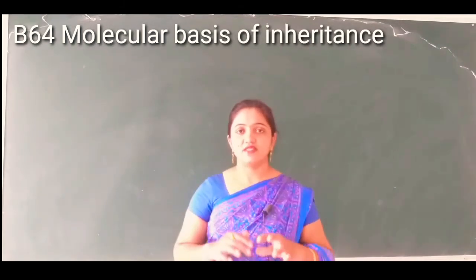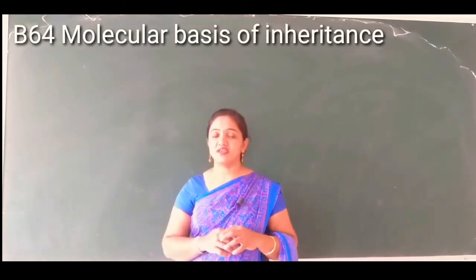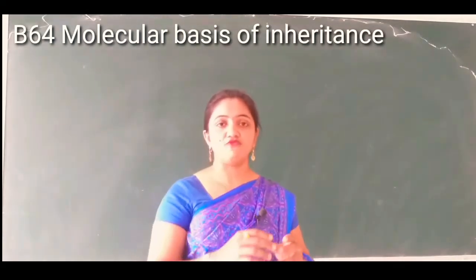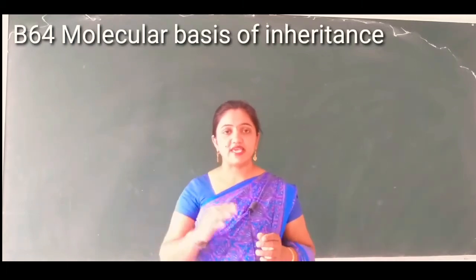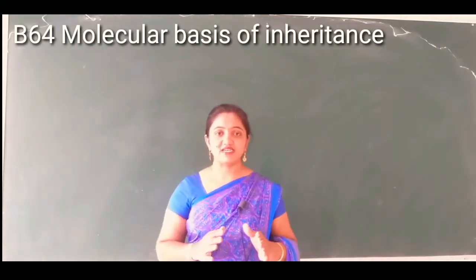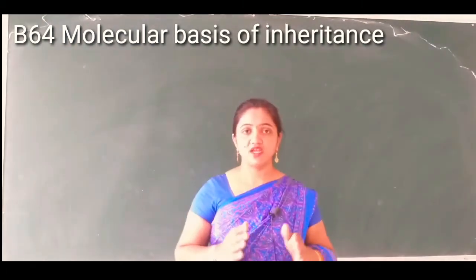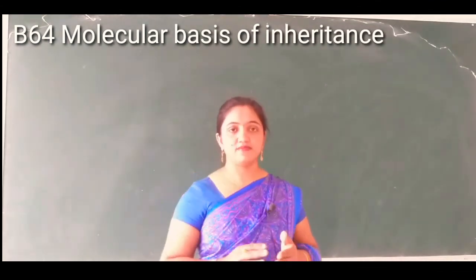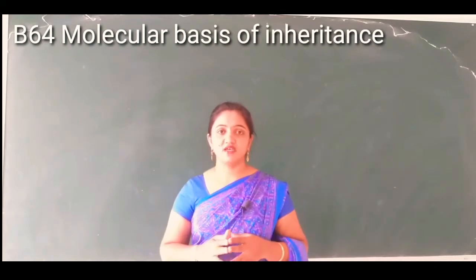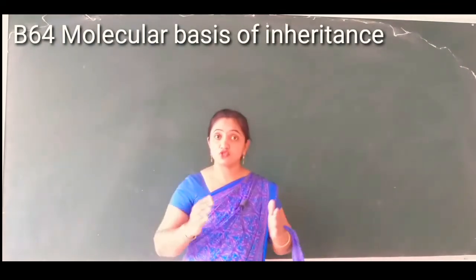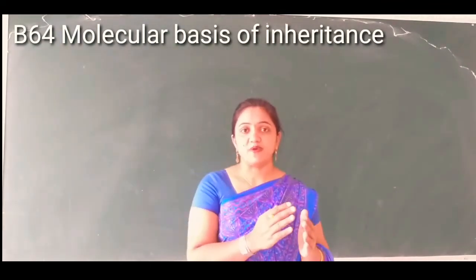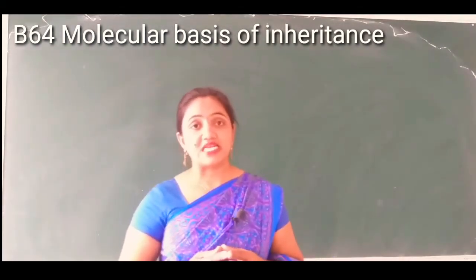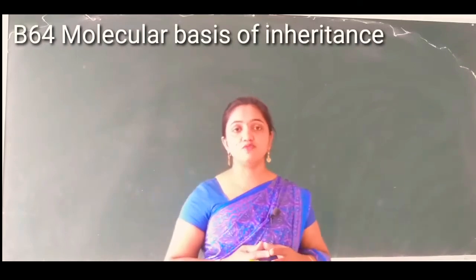But the US Department of Energy and National Institute of Health started this mega project in 1990. The UK Wellcome Trust also became a major partner. What project is it? It is the Human Genome Project.